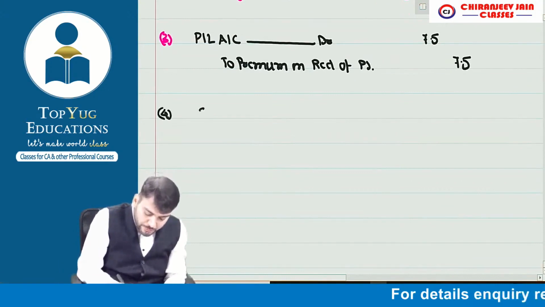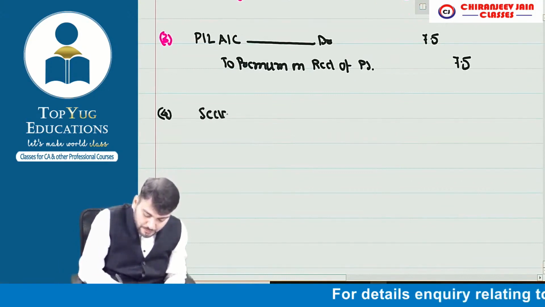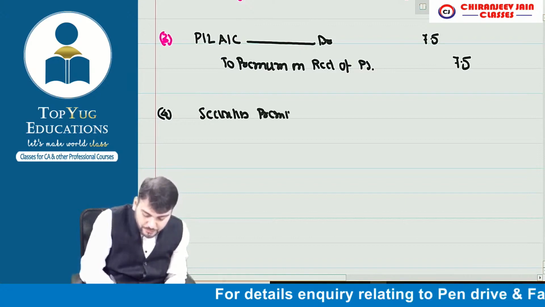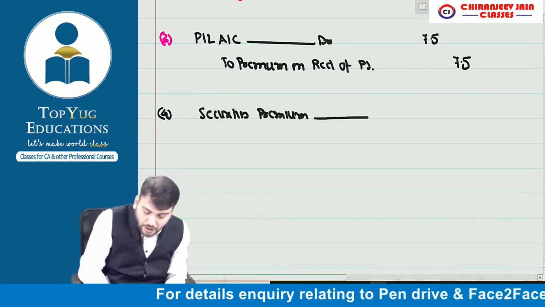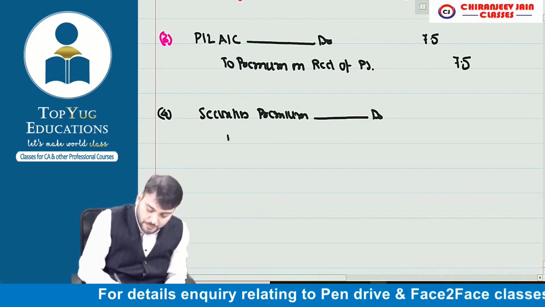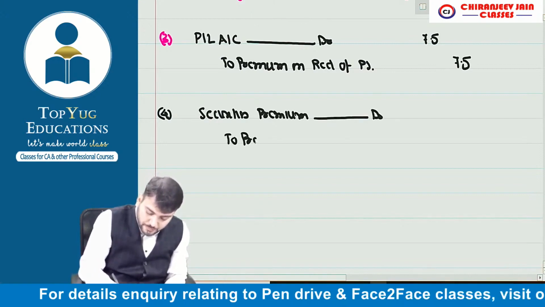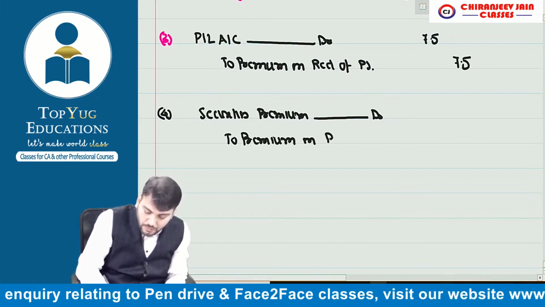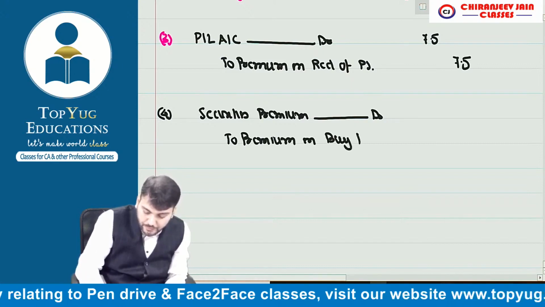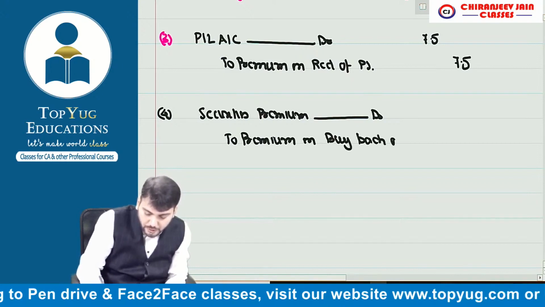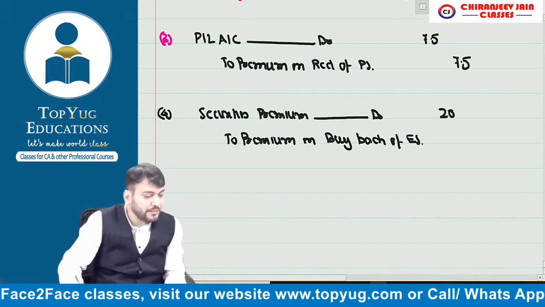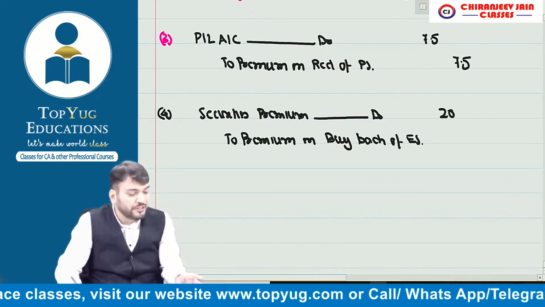Then we'll use securities premium to write off premium on buyback of equity shares, that is 20. Do we have sufficient securities premium?